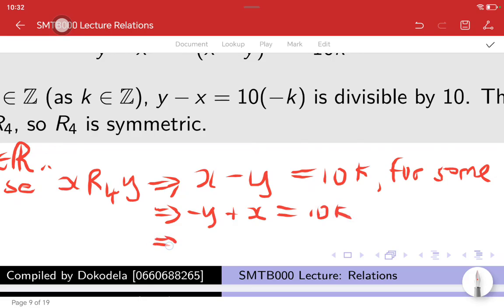Then I must factor out. It means that I must show that y minus x is an element of that. So I'm going to have y minus x. I factor out a negative. Let me put the negative first there, for it to make sense.